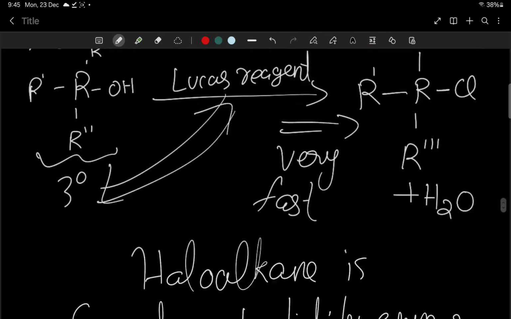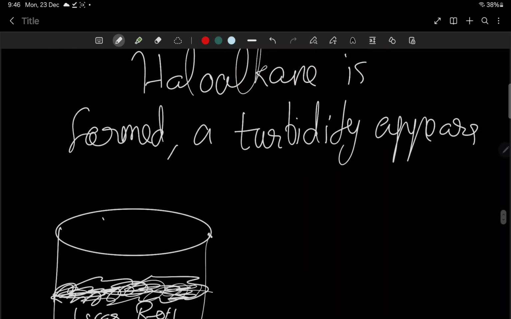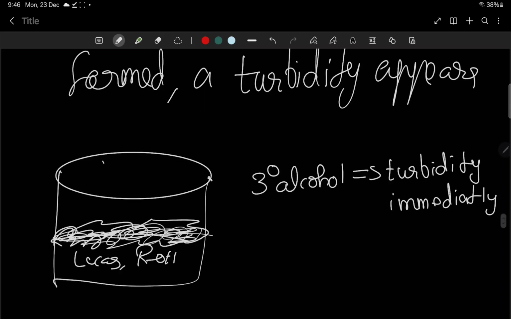Now, if we use a tertiary alcohol, we get turbidity immediately. Whenever we put this tertiary alcohol to Lucas reagent, we get turbidity immediately.